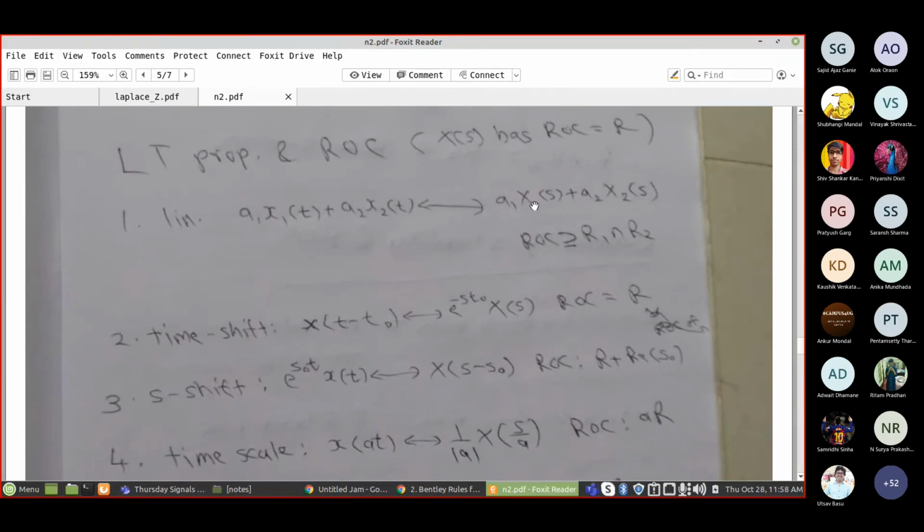R1 is the ROC of the component x1(t), R2 is the ROC of the second component, and for the sum to converge, we need to take the intersection of R1 and R2. So R1 intersection R2 must lie within the ROC. But can you think of any cases where it is equal or not equal? Is it a strict subset, or should we have equality? Any opinion or comment on that?